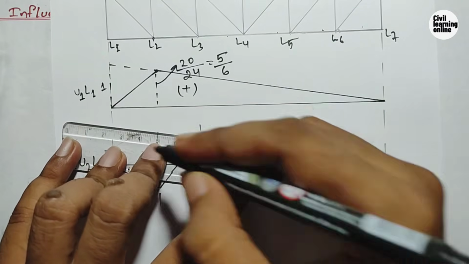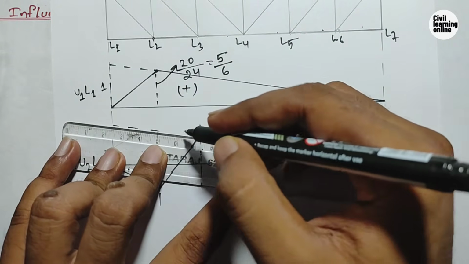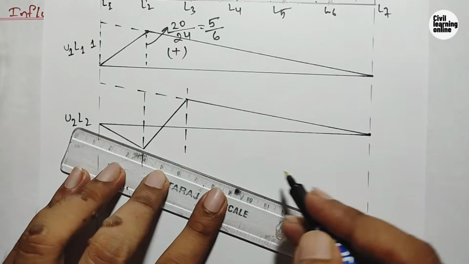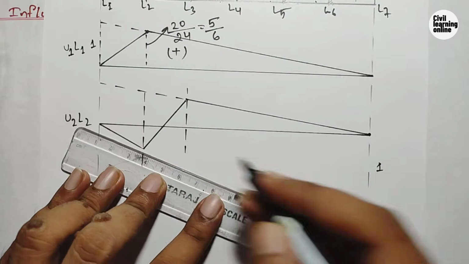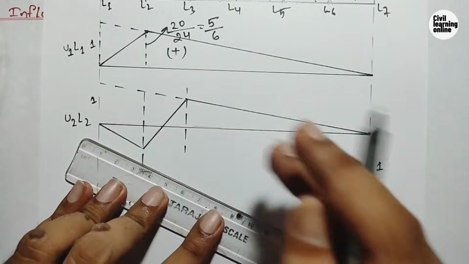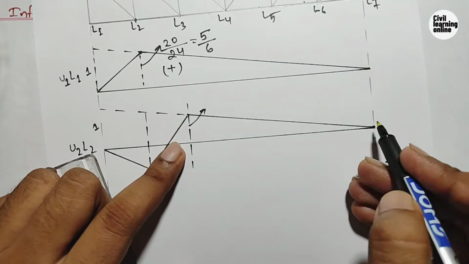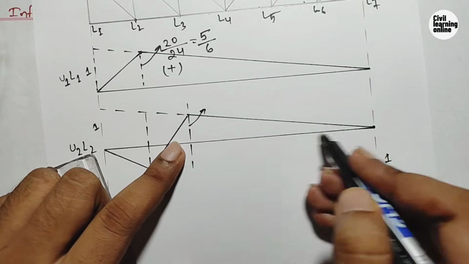and here again it is going to be the portion of the reaction at the supports. This is also the portion of the triangle. Here the value is going to be unity, and here it is going to be unity. So we need to again use x upon L, and the value of x is increasing from here to here.